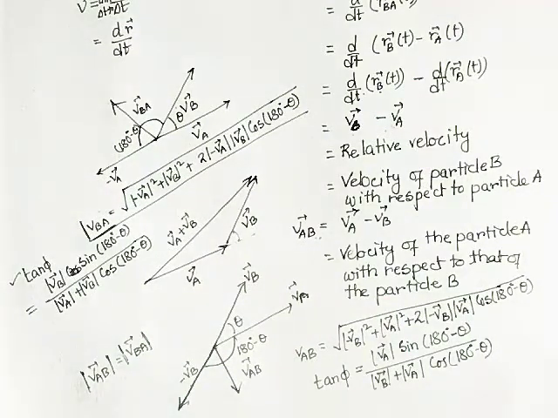So whether I am calculating the velocity of particle B with respect to A or the velocity of particle A with respect to B, basically the magnitude is the same, but the direction is completely different. But one thing should be kept in mind: in case of relative velocity, the velocity with respect to which I want to measure the velocity of another particle should be minus.